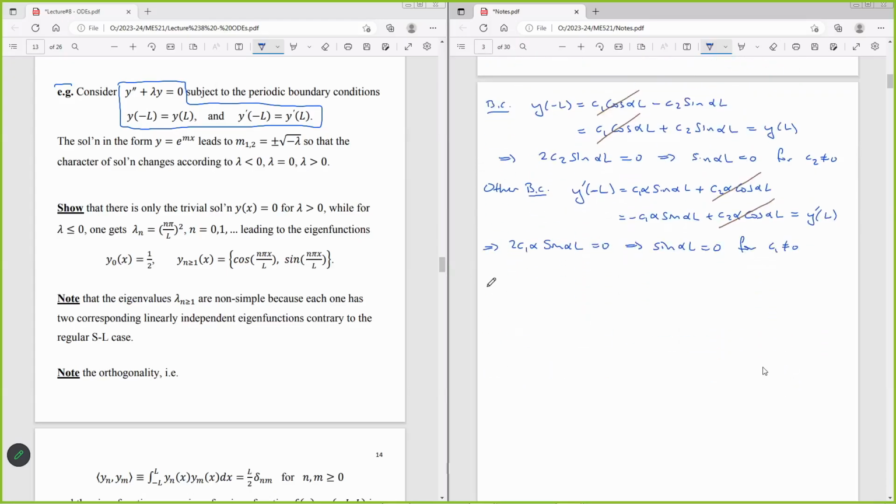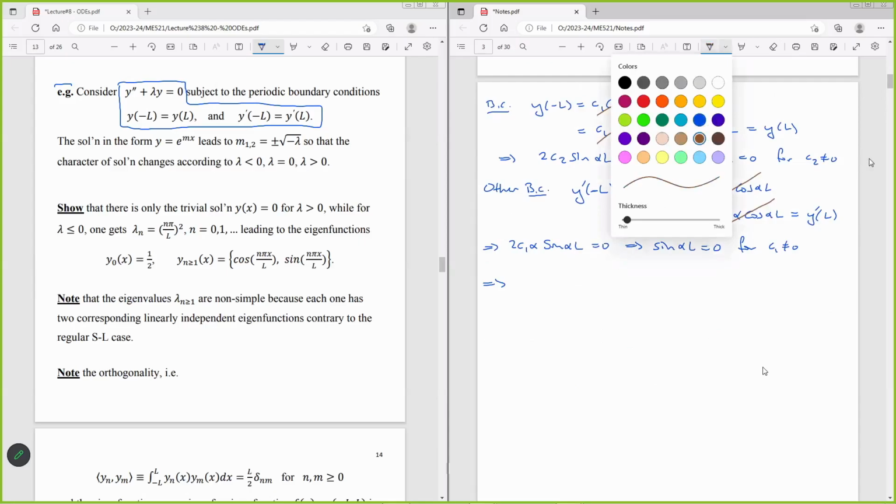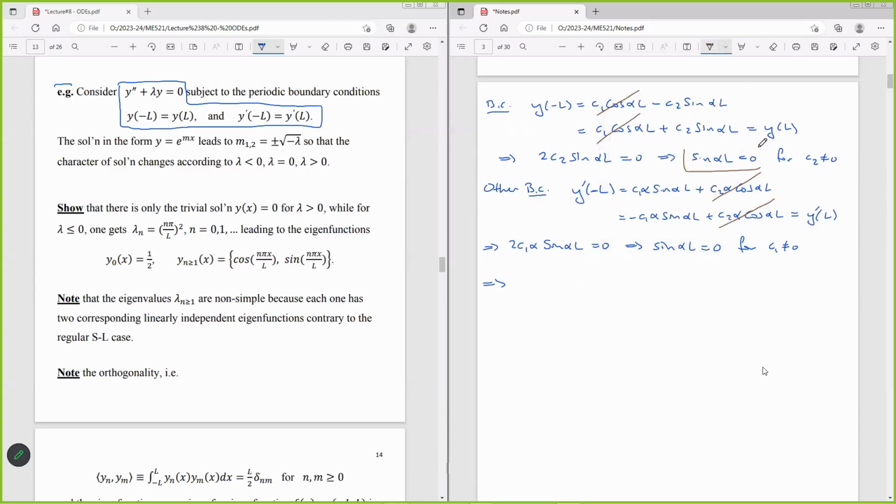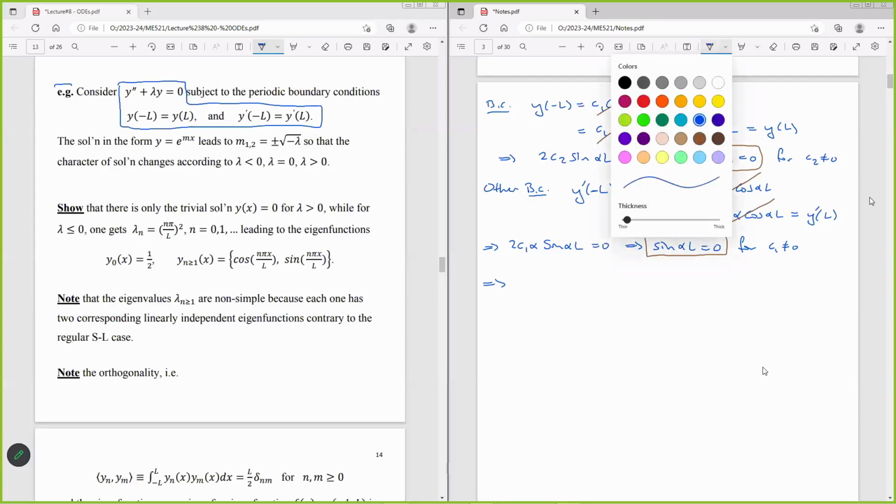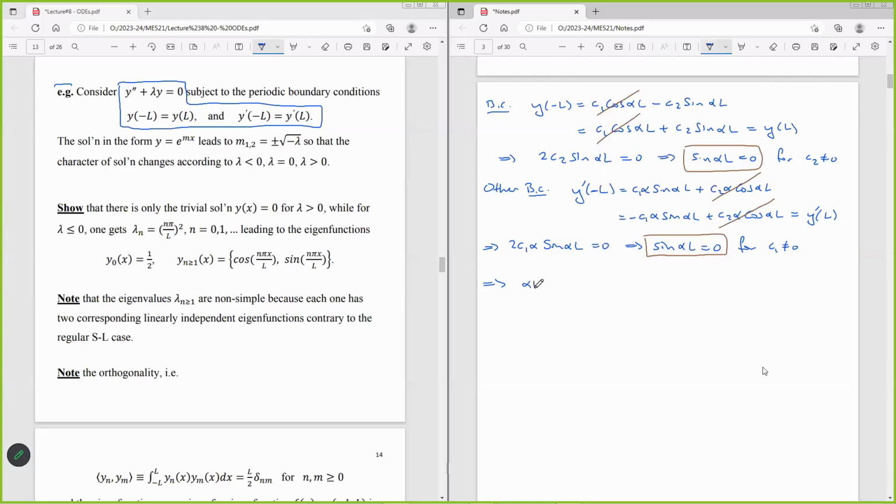We already know the solution, right? So this is the characteristic equation, which is the same for both. And that produces what? Alpha L must be multiples of pi. Okay? Multiples of pi, n equals 1, 2, and so on.